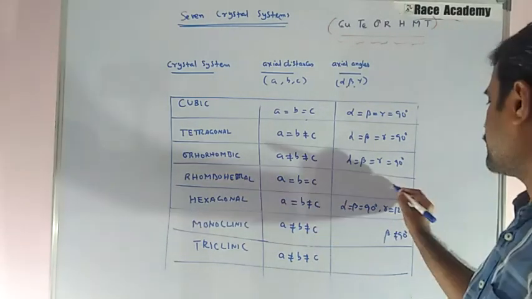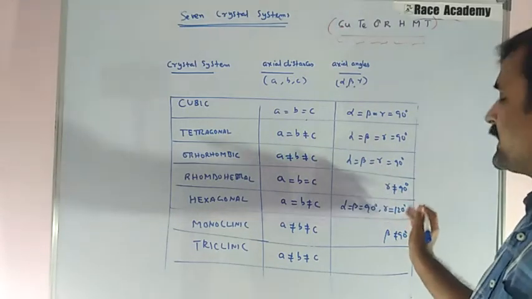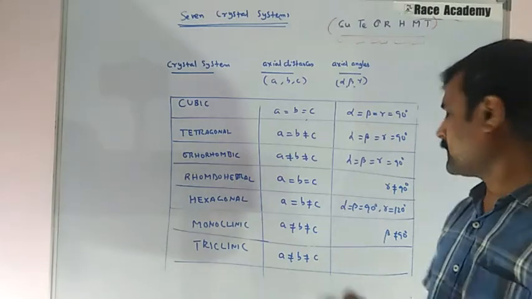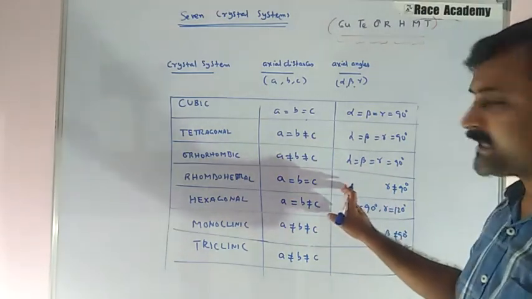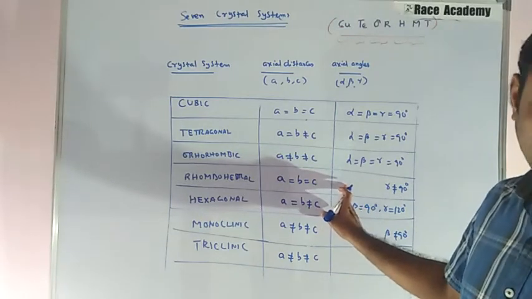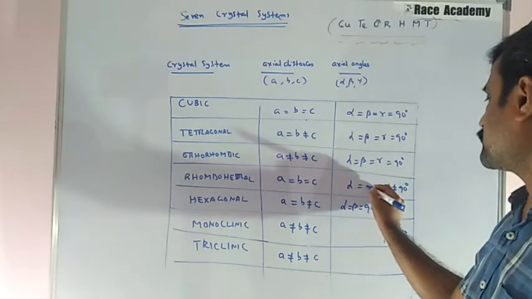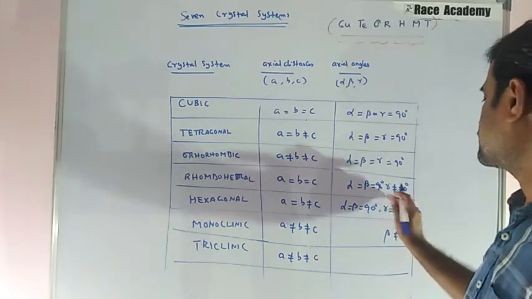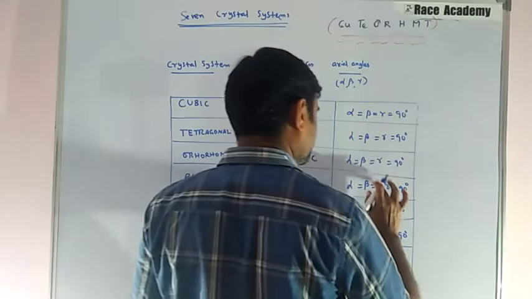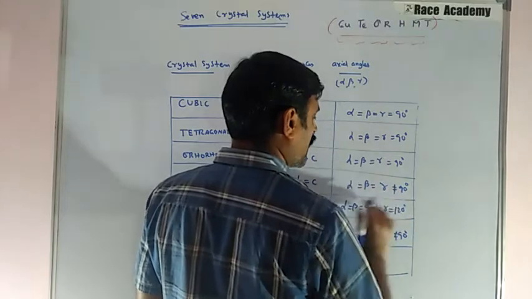In rhombohedral, alpha equals beta equals gamma, not equal to 90.